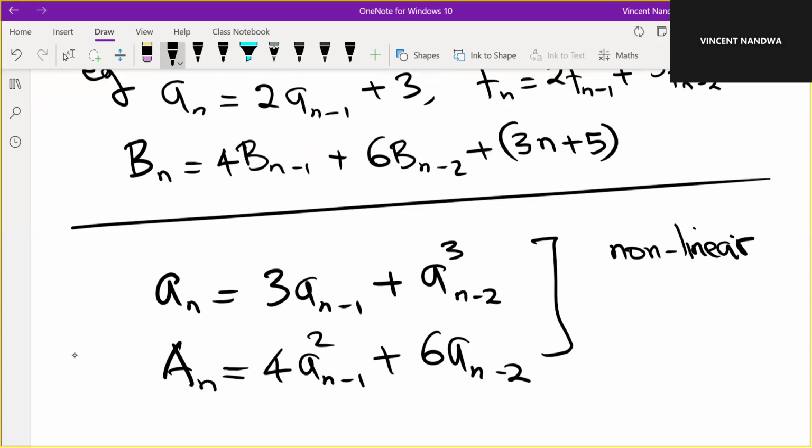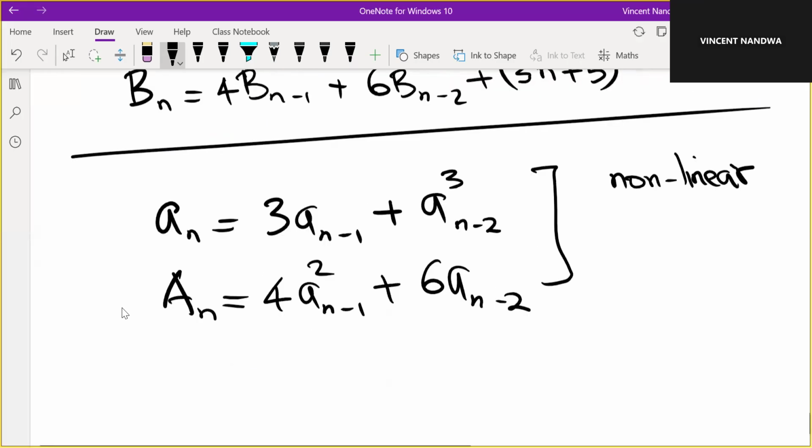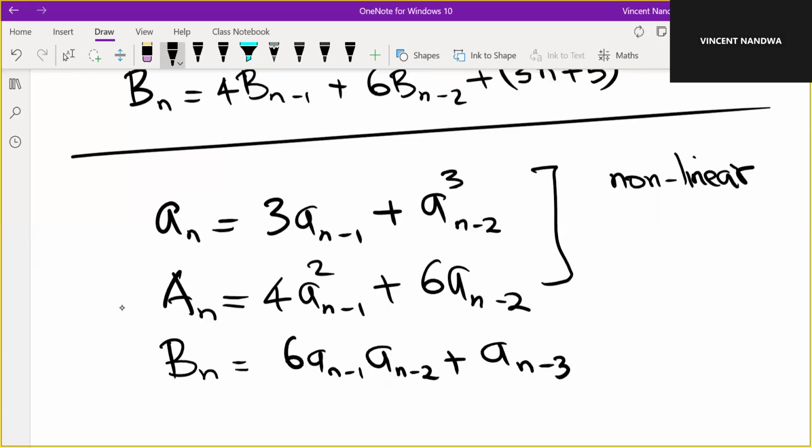Nonlinear, because some of these terms with a_i have powers more than 1. Like here we have a power 3, a_{n-2} to the power 3, here a_{n-1} to the power 2. And even if I have another recurrence relation of the form, say, 6 a_{n-1} a_{n-2} plus a_{n-3}, this is also another example of a nonlinear recurrence relation, because in this equation there is a term which involves a product of a_i values.